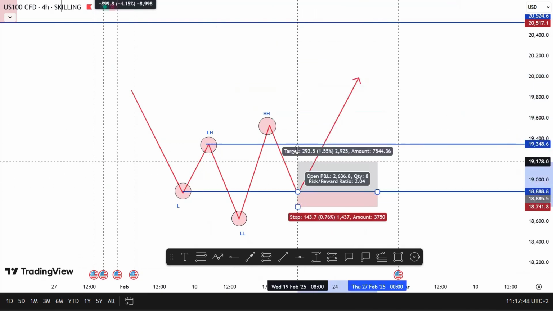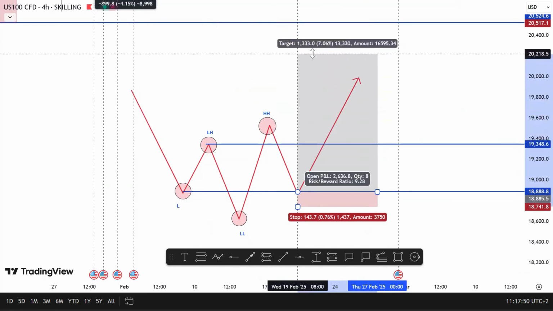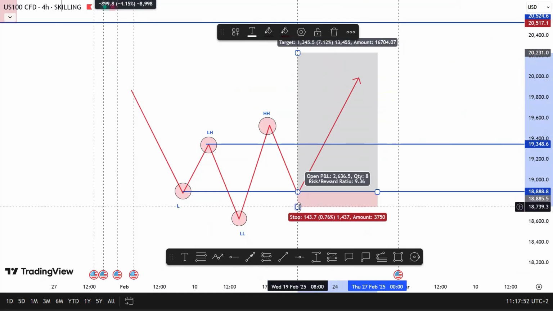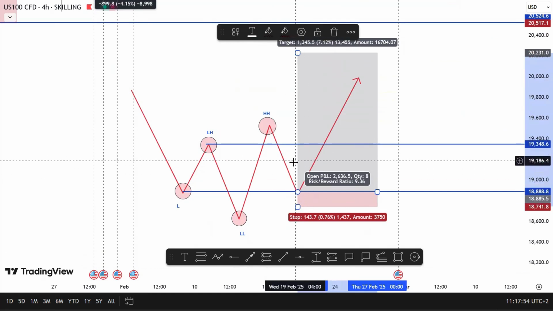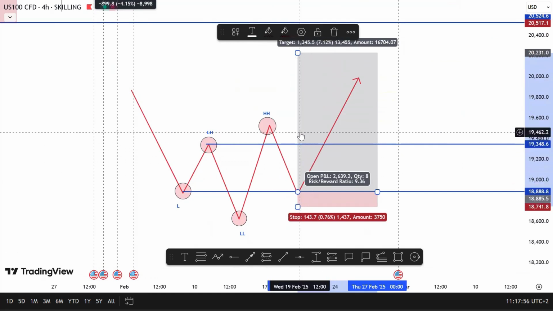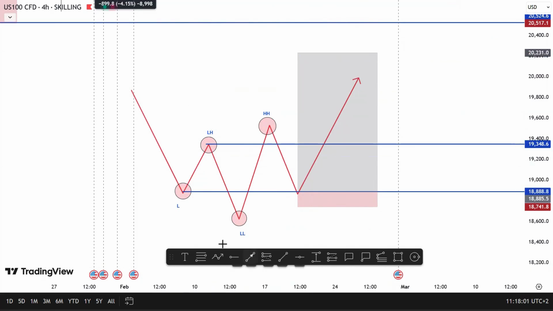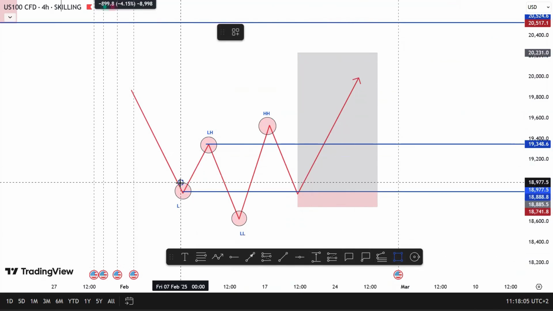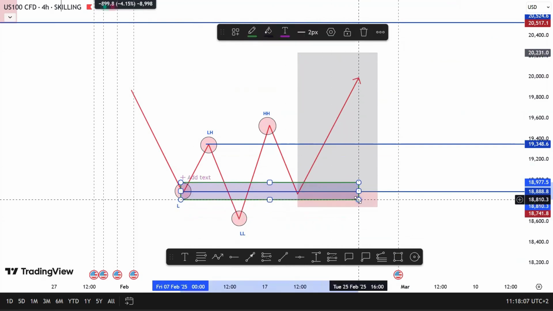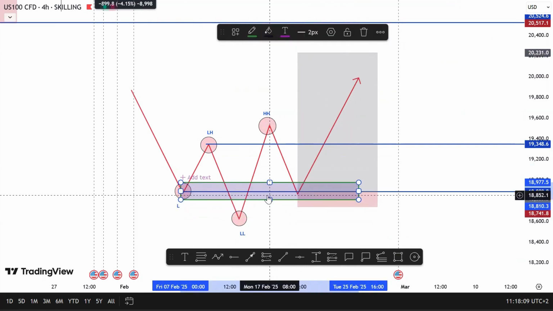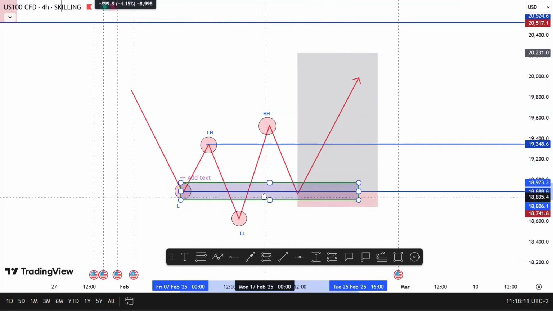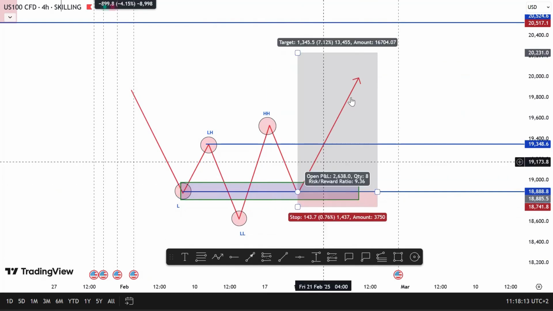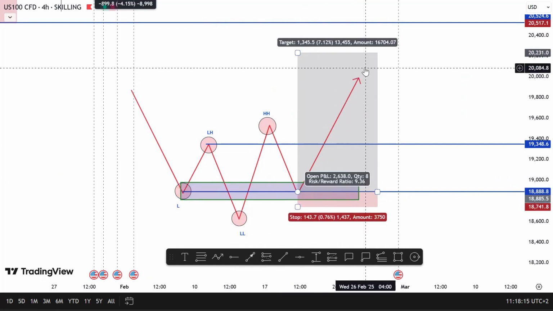You can aim for the same target or you can keep on moving your stop loss, just to lock in profits as the chart goes up. So they call this the breaker block here. So this is where you are most likely to also take the third entry back to the upside.